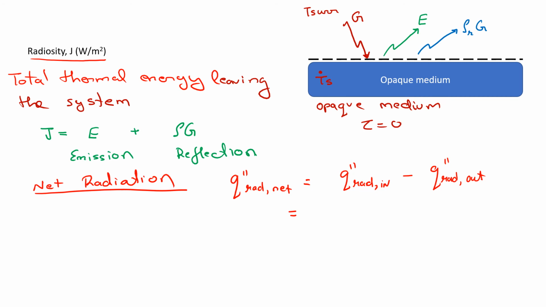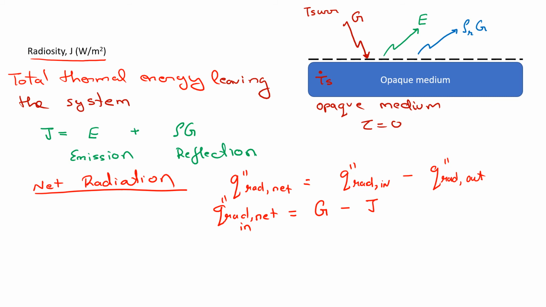We have G coming in minus J going out, and this will be Q rad net coming in.